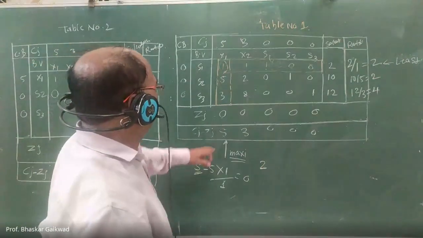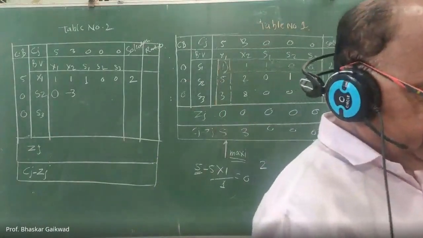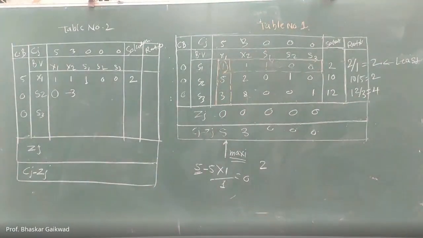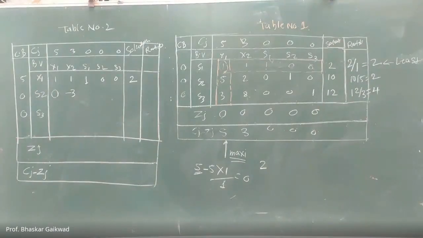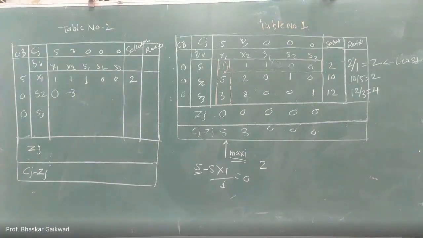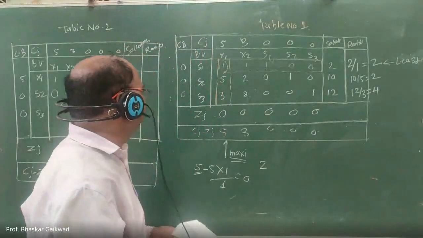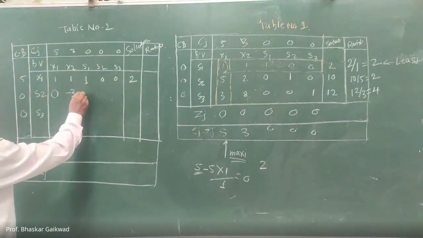Okay. So what about here? What should be here, below S1? Original value is 0. Minus 5. Correct. So here it is minus 5.